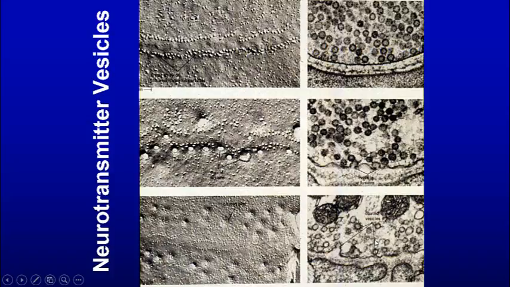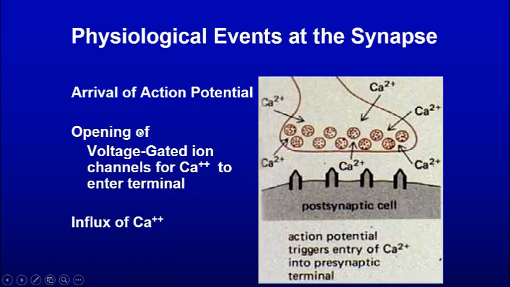Vesicles transmitted. And so basically what happened is you got activation of the terminal by the action potential. So you get a nerve shock. You get the action potential come down through there. And then you have the opening of the calcium. So calcium influx causes the exocytosis of the product.